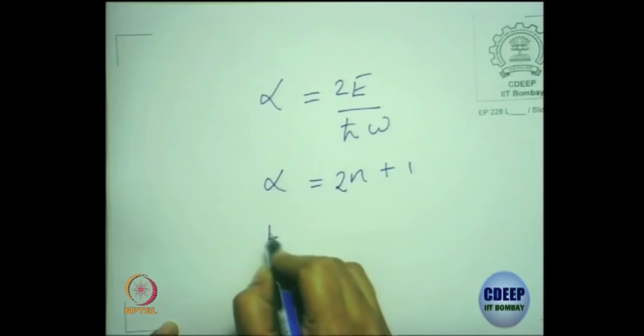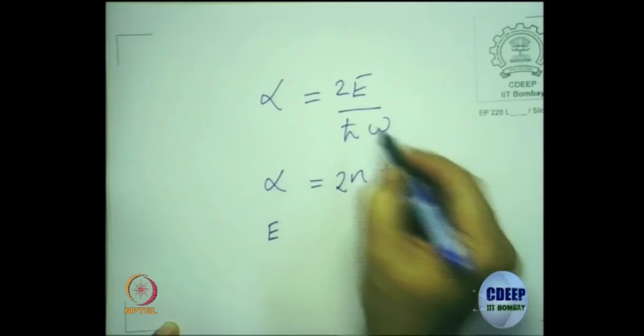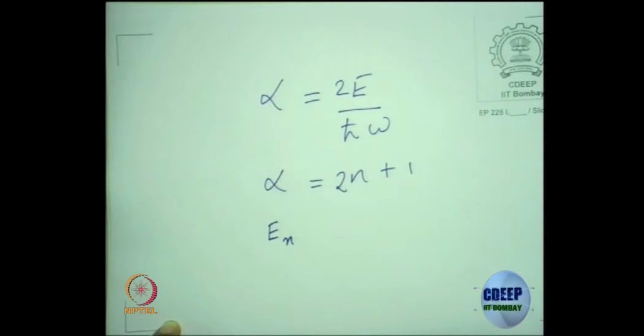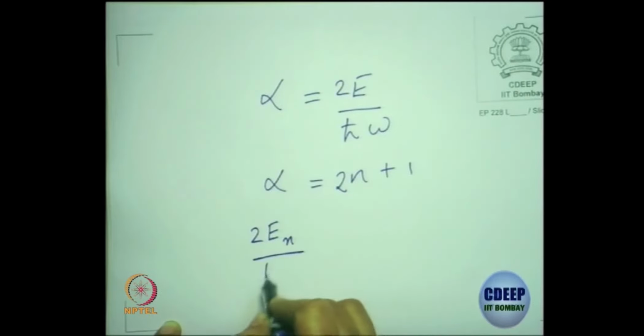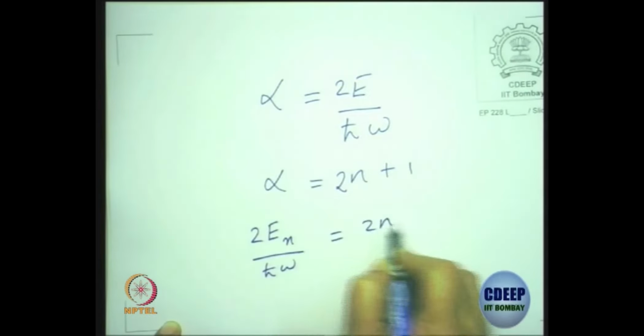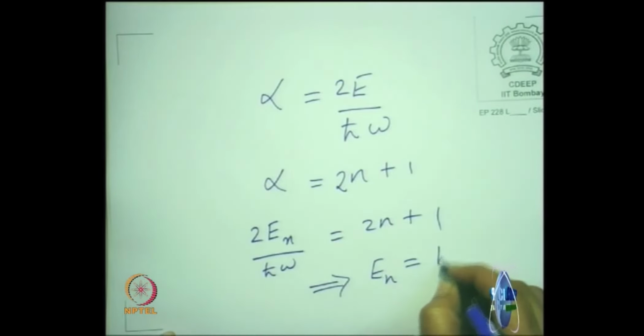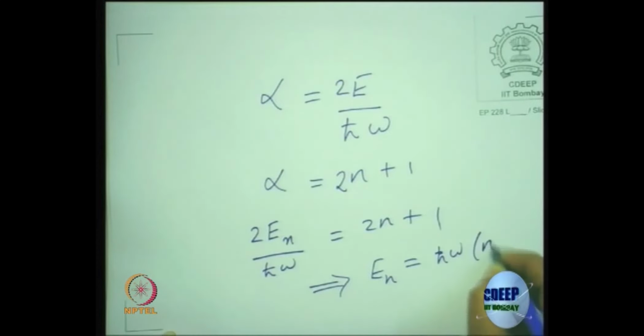So then E, let me put E as subscript n now, 2En by h cross omega is 2n plus 1, which implies En is h cross omega times n plus half.